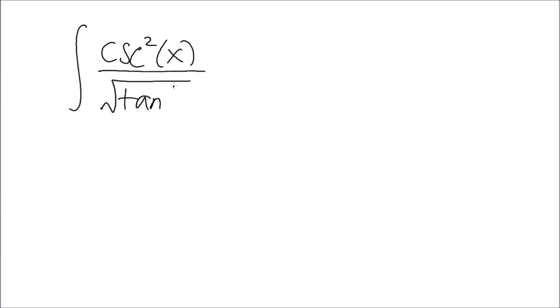All right, let's get a little bit tricky. Cosecant square times the square root of tangent x. All right, what do we do? In your brain, you should already think, well, the derivative of something equals cosecant square. du is equal to cosecant square.